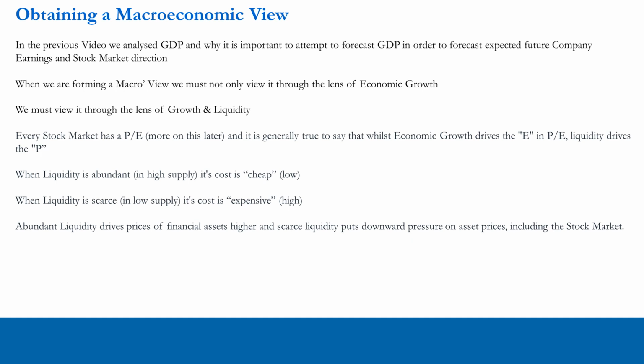Okay. Abundant liquidity drives prices of financial assets higher. Okay. And scarce liquidity puts downward pressure on asset prices, including the stock market. So in general terms, guys, when there's a lot of liquidity in financial markets, this is a good thing. It's good for financial assets.